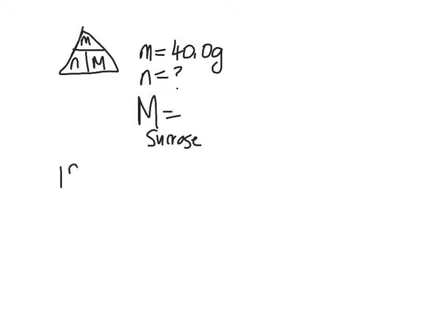There's 12 carbons, 22 hydrogens, and 11 oxygens.